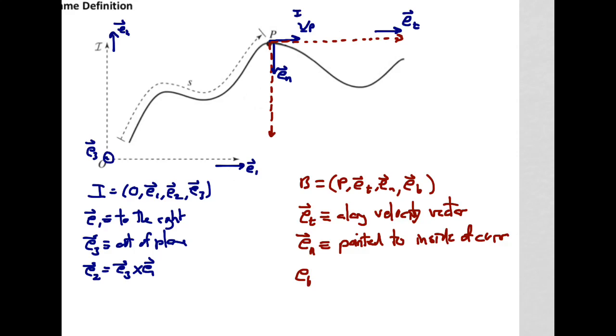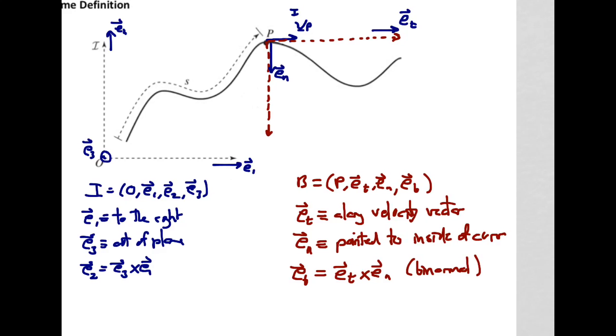And then we have an E sub b. This is called the binormal vector, and this is simply going to be E sub t crossed with E sub n. I'll put this here, binormal vector, which really comes into play in 3D.